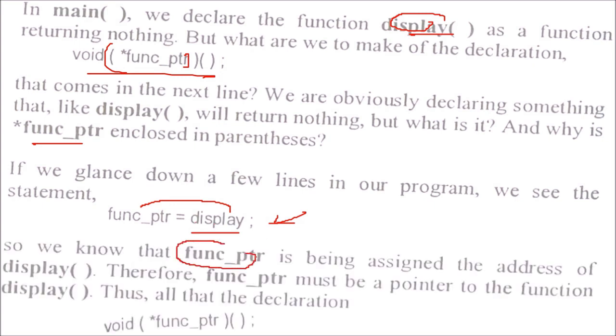We know this function pointer is being assigned the address of the display, and this function pointer must be a pointer to the function display. So that is why we have done this void. That is why we have given it as a pointer. And when this is being done, we have to include it in the parenthesis to make this a function pointer. This is a pointer to the function display.